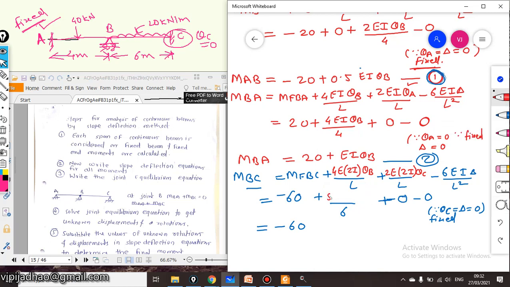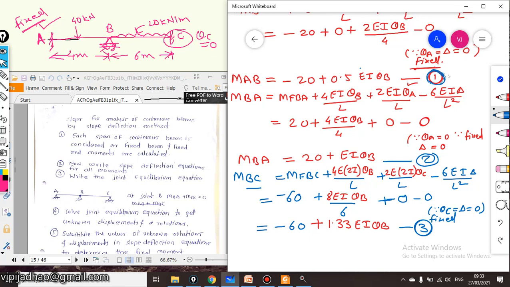This will become 8EI theta B. So 8 by 6, that is equal to 4 by 3. So you can write this plus 4 by 3 or 1.33. So this will become 1.33 theta B plus EI theta B. So this is your equation number 3.